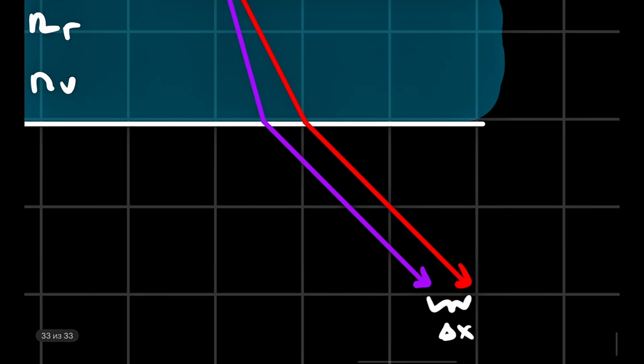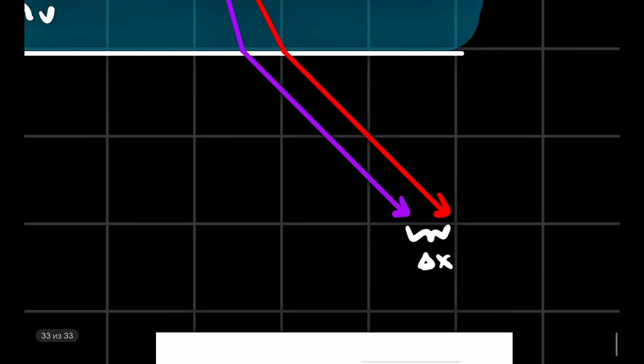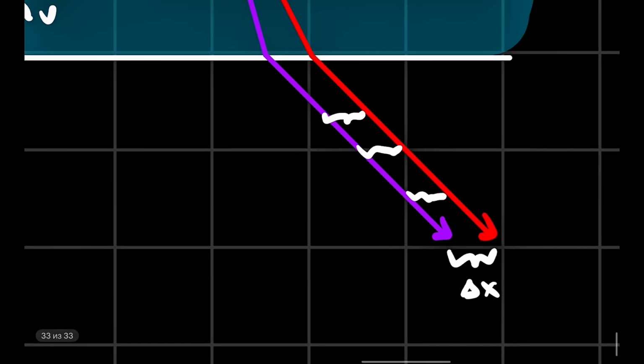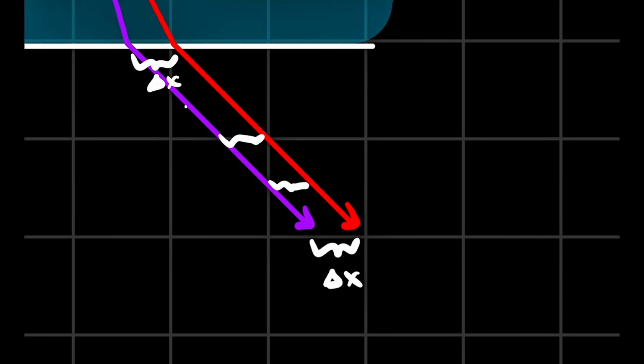So violet and red coming out of the glass would be parallel to each other. It means that they would have some difference in paths, as you can see. This is delta x. And if those two are parallel, then along all these ways their distance is the same. So this thing would be delta x.